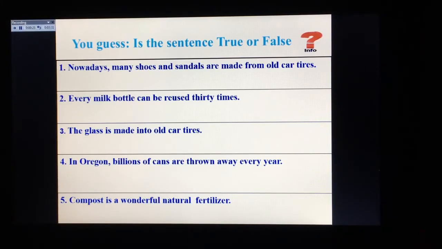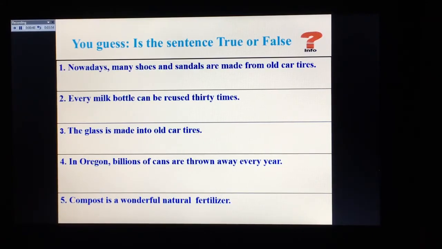And number 2, every milk bottle can be reused 30 times. Number 3, the glass is made into old car tires. And number 4, in Oregon, billions of cans are thrown away every year. And number 5, compost is a wonderful natural fertilizer.